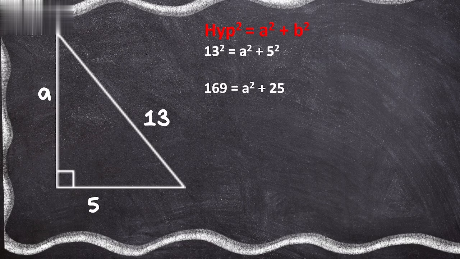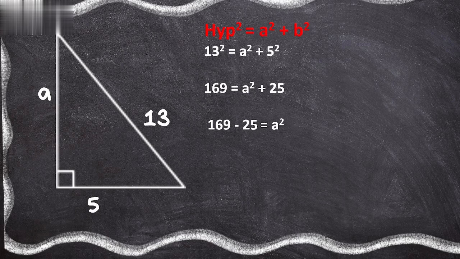Solving our algebra, what we need to do here is to collect our like terms. The like terms we have here are 169 and 25. So that means that 25 will go over to meet its like term, which is 169. When 25 moves over there, we now have 169 minus 25.